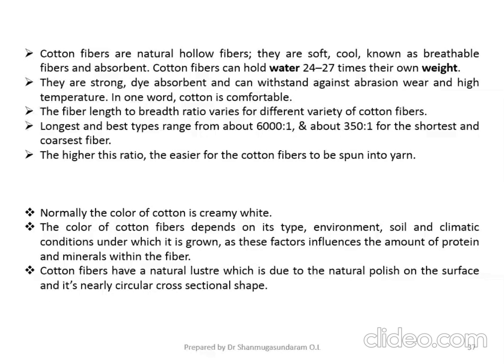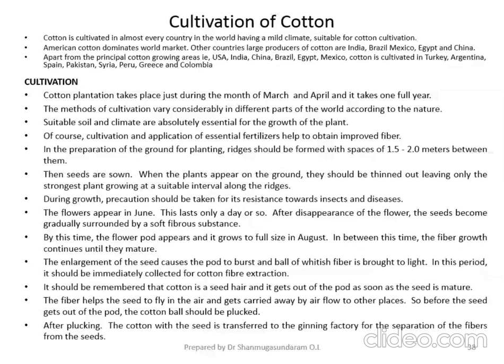Then coming to the cultivation of cotton fiber, cotton is cultivated in almost every country in the world having a mild climatic condition suitable for cotton cultivation. What type of climate is needed for cultivation of cotton fiber? You need mild climatic conditions.